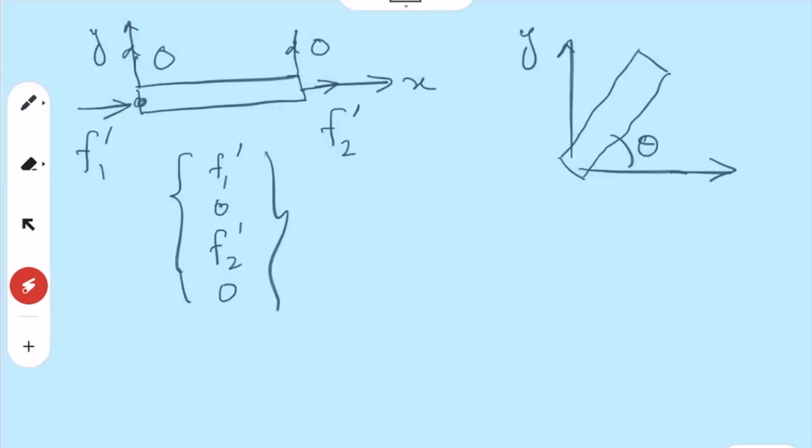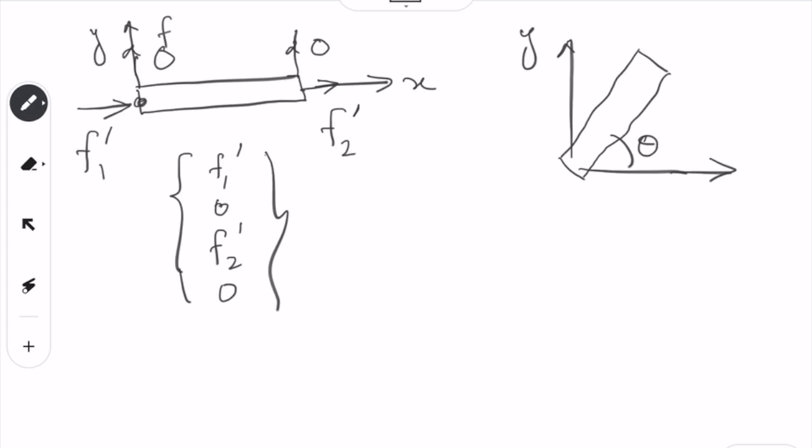So maybe we write like this. We call it F dash 2 equal to 0. Let's call it F3 here. So this becomes F3, and this is F dash 4 equal to 0.